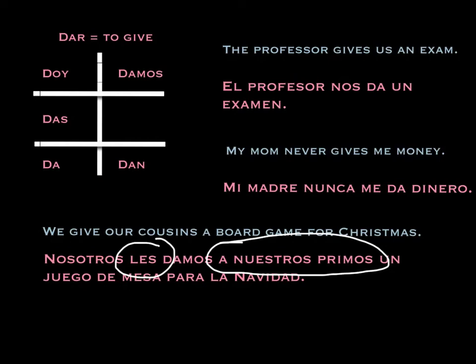We learned before about the personal a, and that if something is being given or done to that person, and it is a person, then we need to use the a. But this a nuestros primos helps us clarify to whom or for whom it is given. You might ask yourself, do I have to include this? The answer is no, you do not have to. However, if you are ever unsure of to whom or for whom the object is being given, this will help you clarify. So it never hurts to include it.